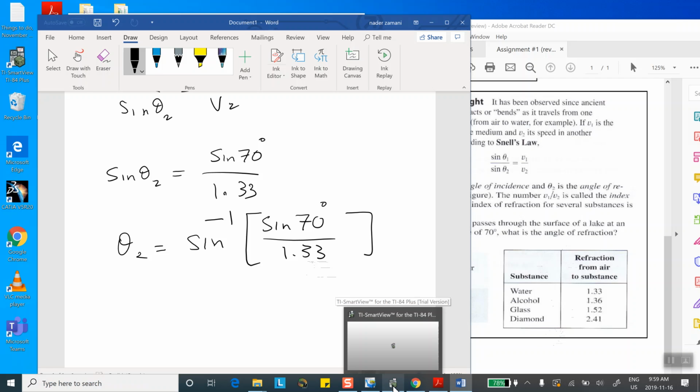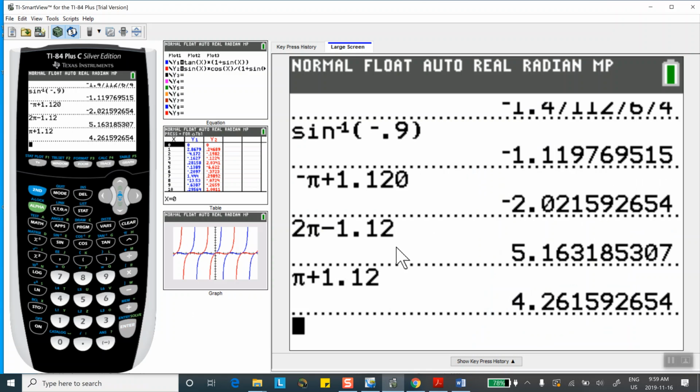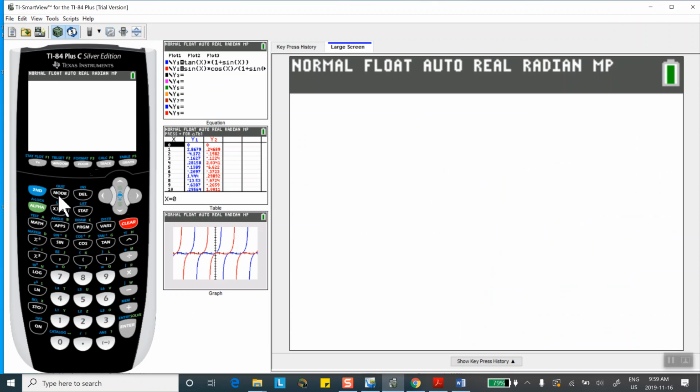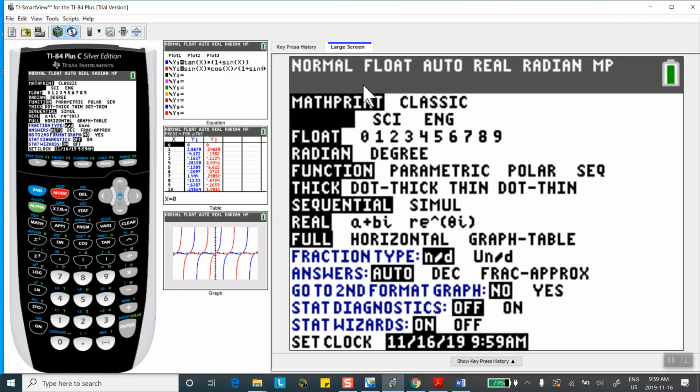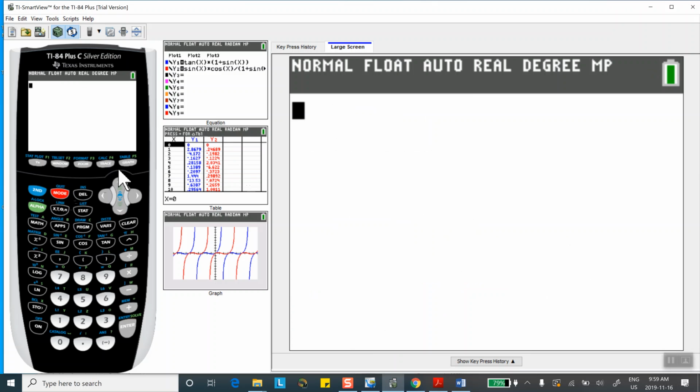I think this is my calculator. Yeah, there we are. I'm going to clear everything, and I'm going to change the mode of my angle to degree. Okay, let's get rid of this. Good.